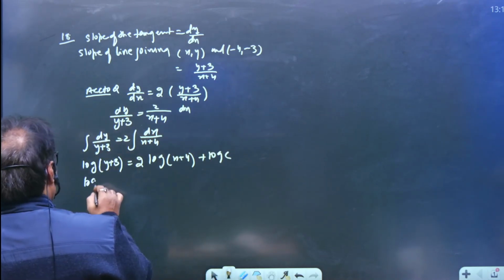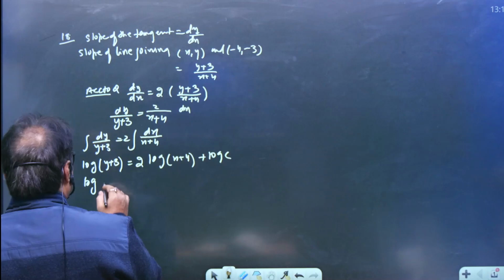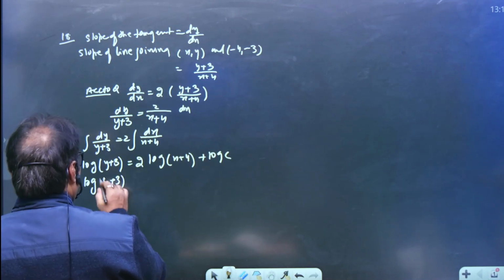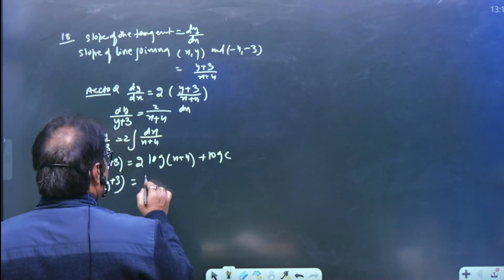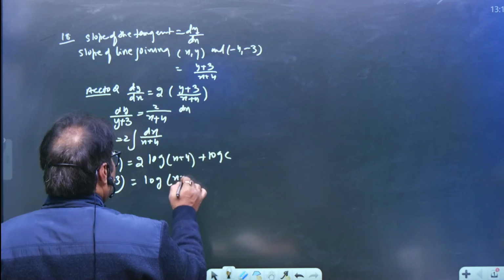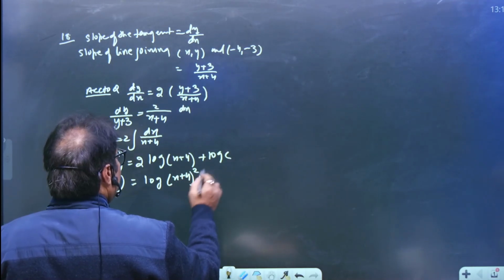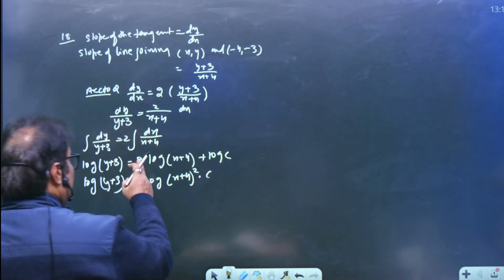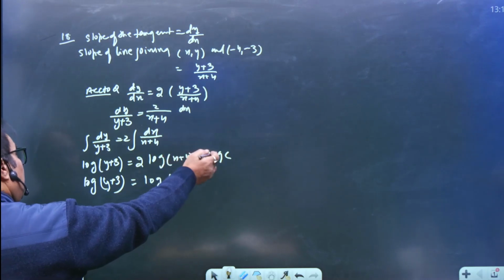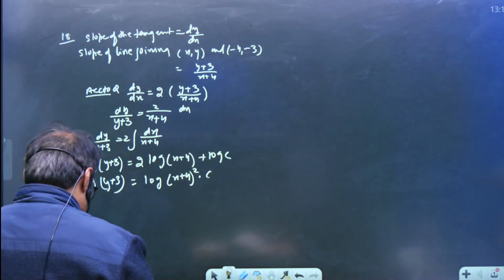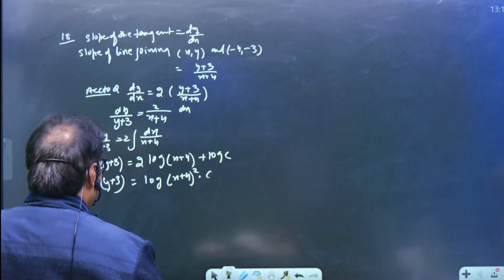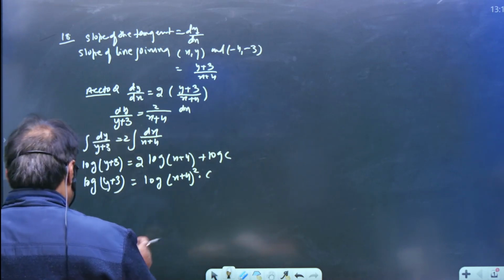So log modulus of y plus 3 is equal to log of x plus 4 whole square into c. Now apply this property here and then apply the multiplication rule.